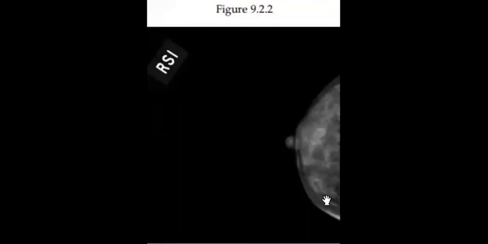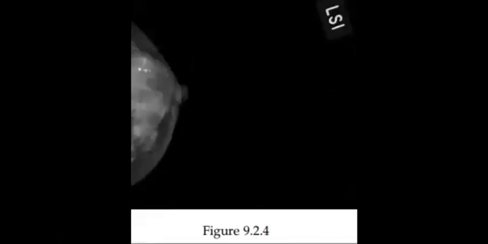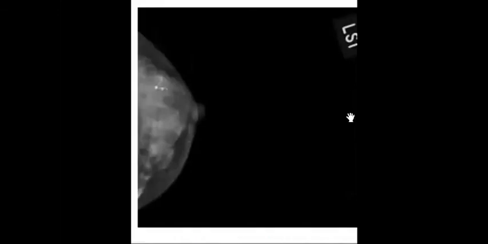Left side, and right side again, craniocaudal. And left side, craniocaudal.